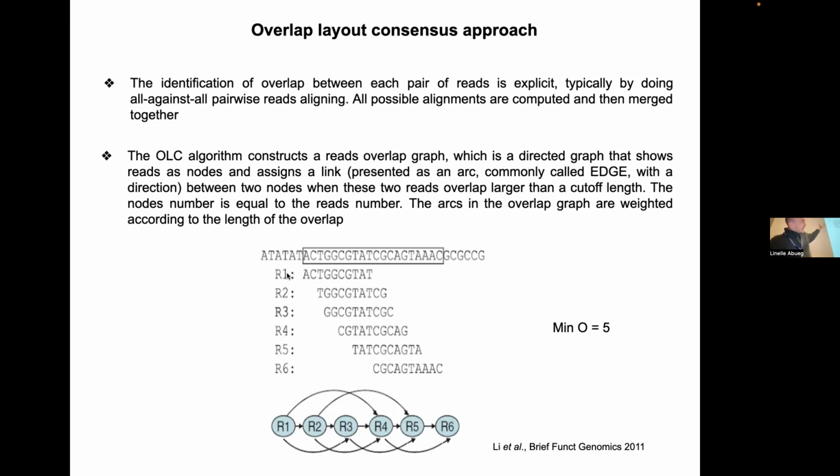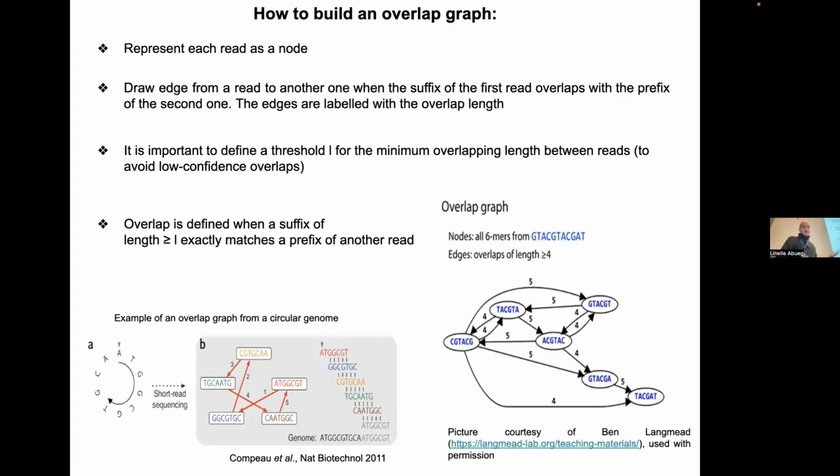You can see that read 1 still overlaps with at least read 5. You have a TAT terminal sequence on read 1 that overlaps with read 5, but we do not represent this overlap in this graph because we have set a threshold of 5. So this is an OLC graph.